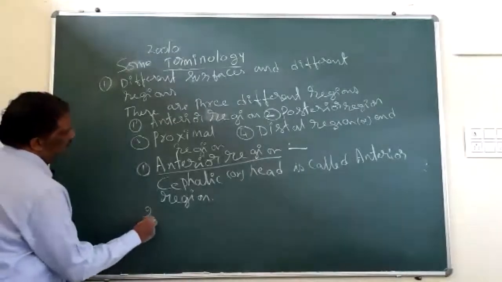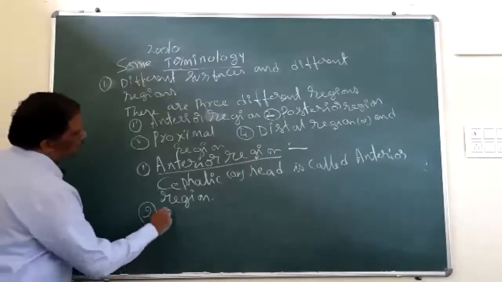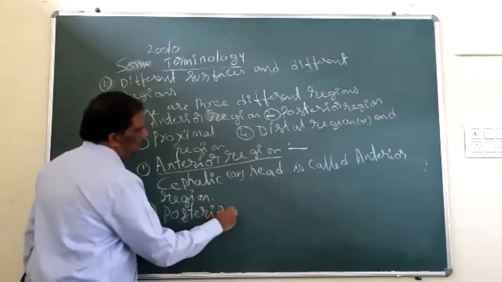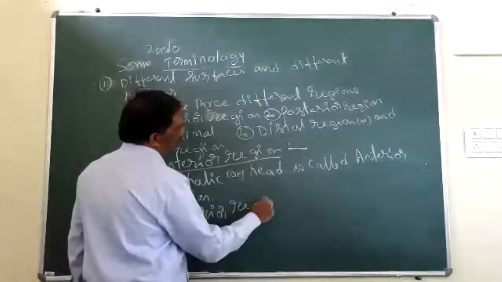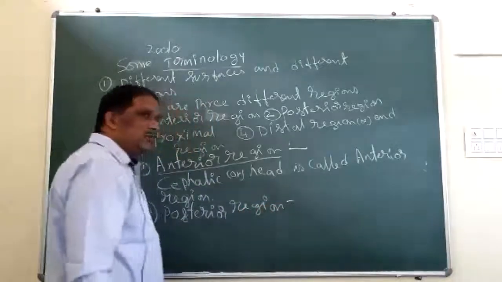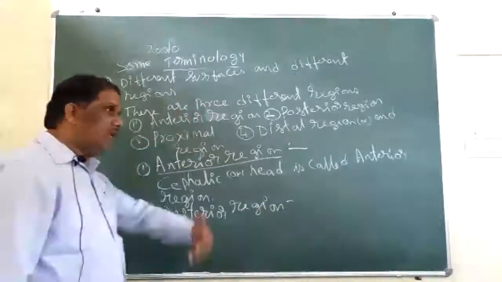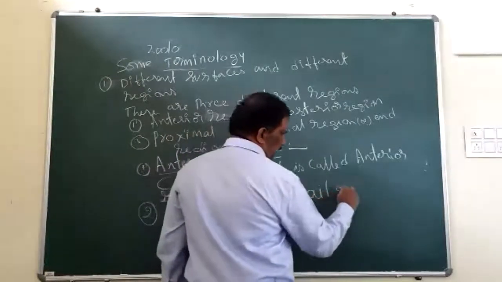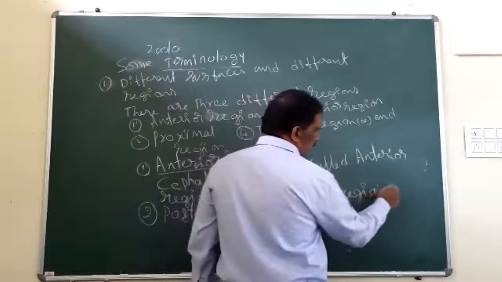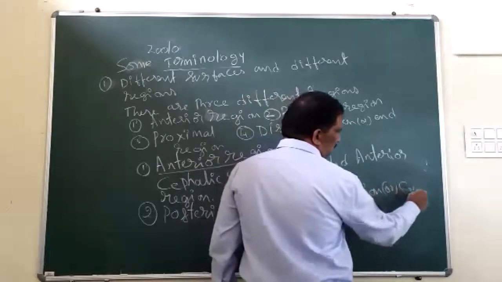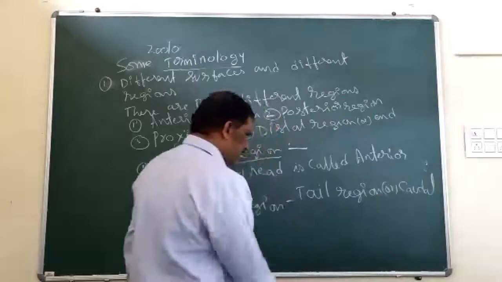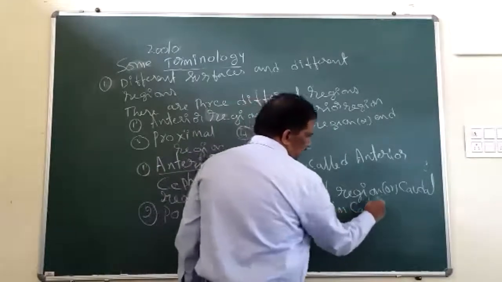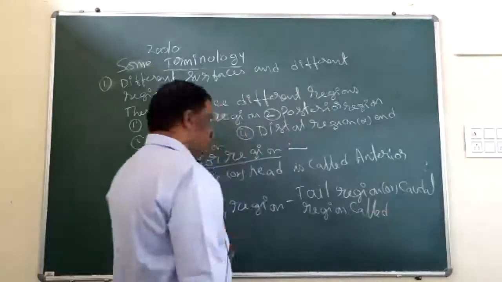Second one, posterior region. What is the posterior region? Tail region or caudal region is called posterior region.